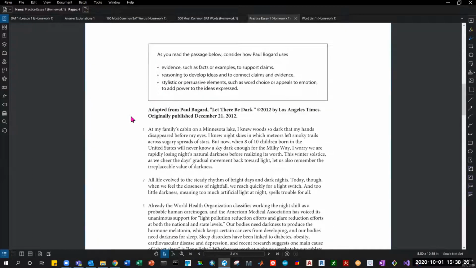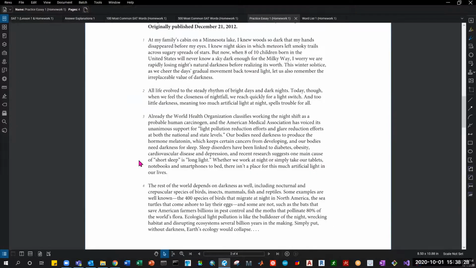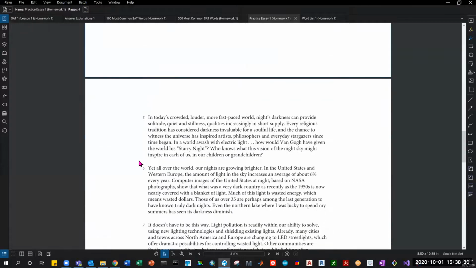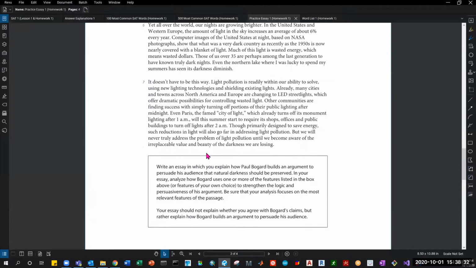Read this passage; each one will talk about some particular genre, and then I want you to write an essay which explains how Paul Bogart builds an argument to persuade his audience that the natural darkness should be preserved. So read this, and then please do the same thing. Just send me a scanned copy of your writing.